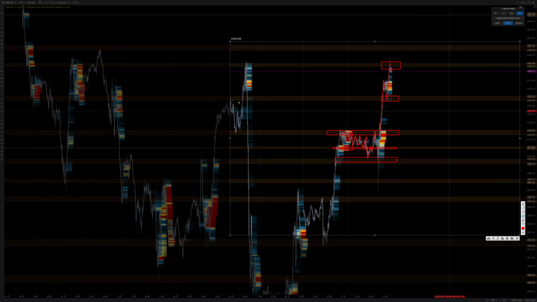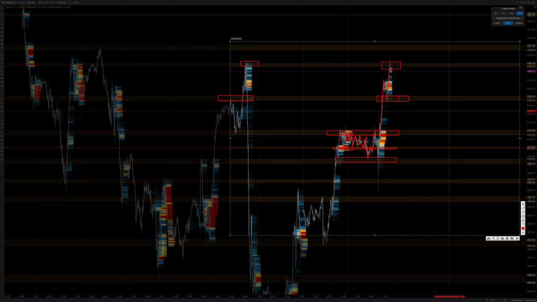This area we identified because it was a rejection area, and here it turned into a support. That area here we identified because of the previous high, and this one looked more like an exhaustion area, which proved to be true as well.